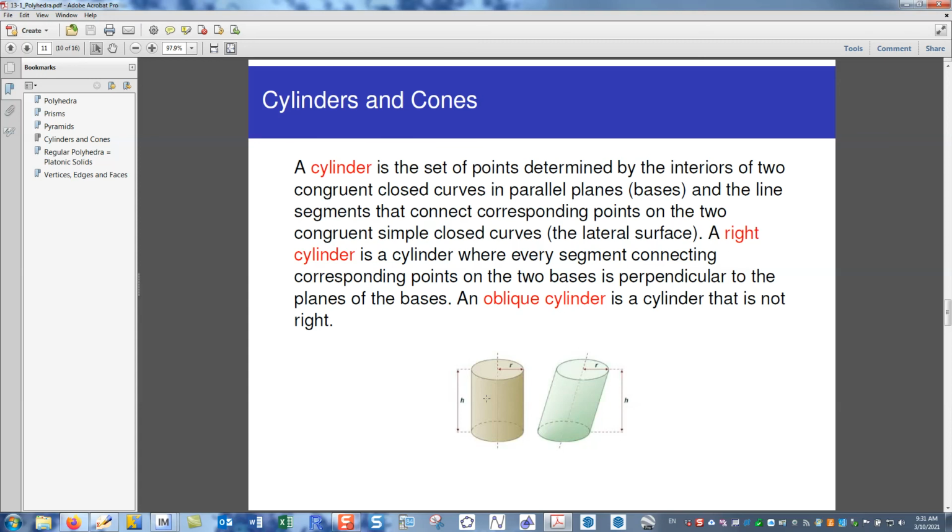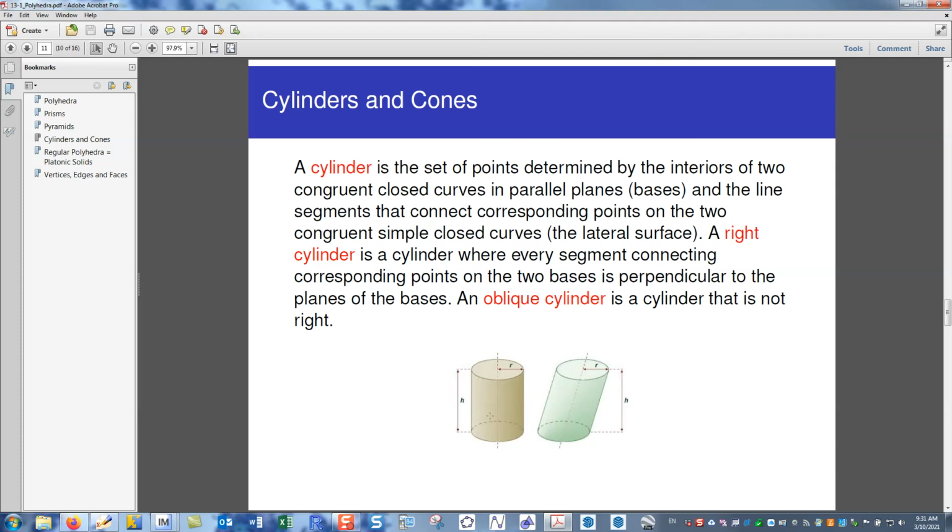But the one for our course, the one that you're going to investigate the most, is what we would call a right circular cylinder. That's where circles are the two bases in parallel planes, and then those two circles are connected by every line that connects corresponding points.